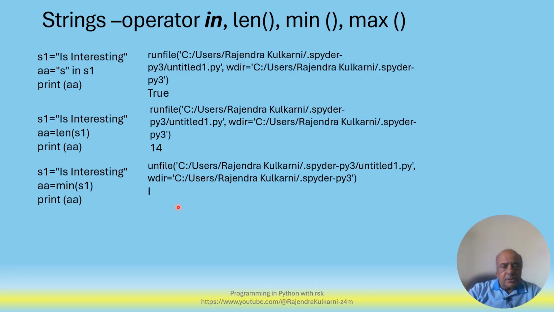So the capital I will have the minimum value because capital characters in Unicode have a lower value as compared with the lowercase characters.